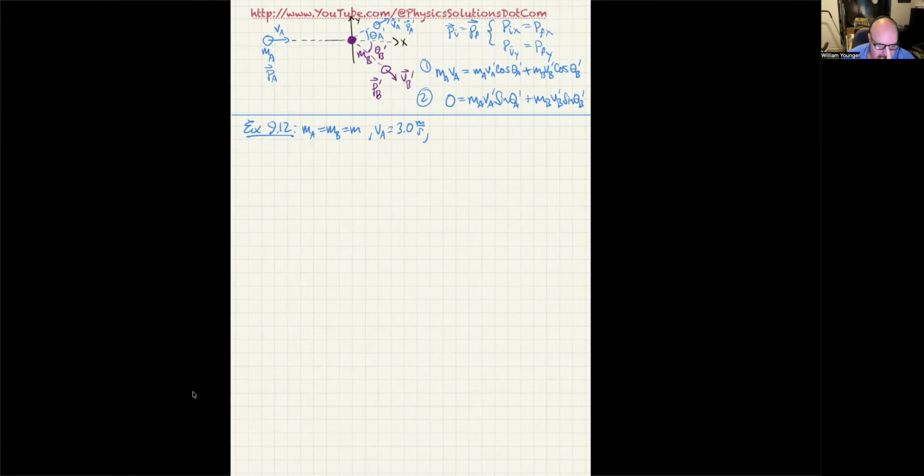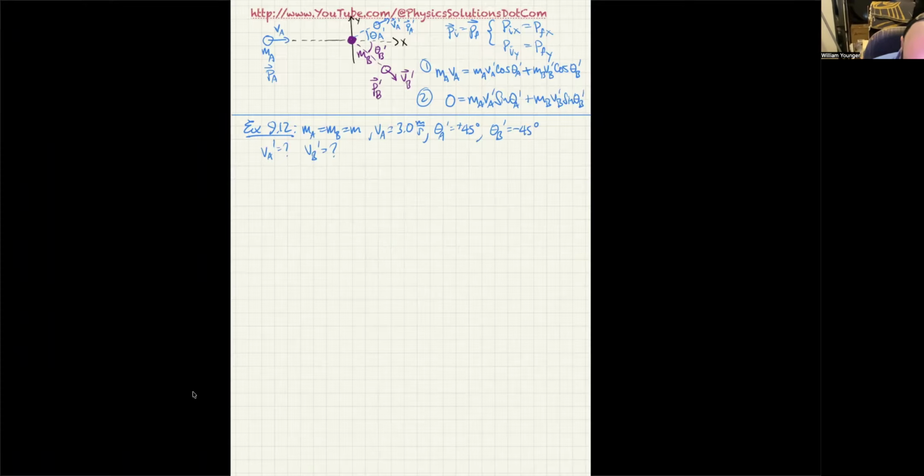All right, so theta A prime is equal to positive 45 degrees, and theta B prime is equal to negative 45 degrees. And they want to know VA prime equals question mark and VB prime equals question mark.